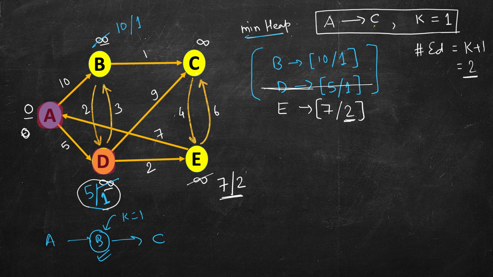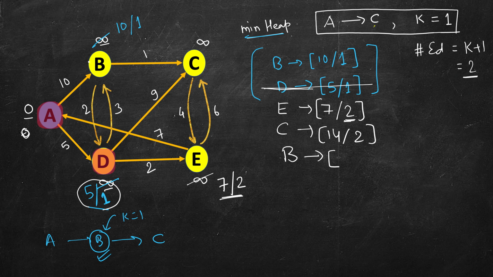Then what is the next neighbor? Next neighbor is C and its distance will be 14, and again 2 edges, this and this. And its next neighbor is B. So although B is already here, we will keep inserting. Whichever is the minimum B will be picked first.